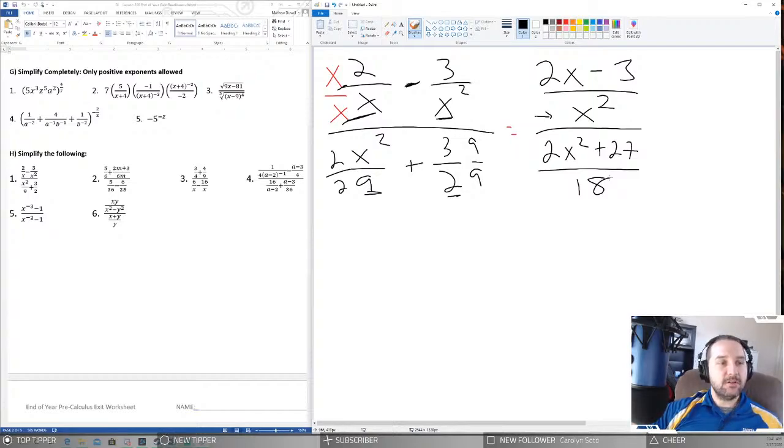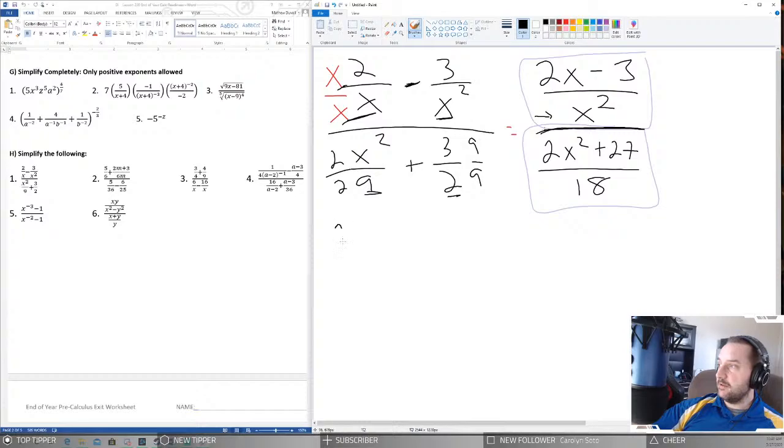So even though it still looks like there's a lot going on, essentially I have combined it into two fractions. I have one fraction right here, and my second fraction is right here. So I have combined those into two fractions, and so I can rewrite it like that.